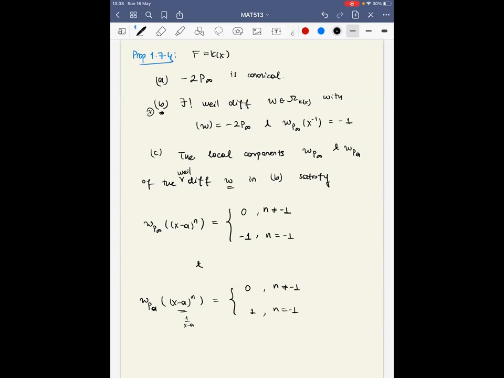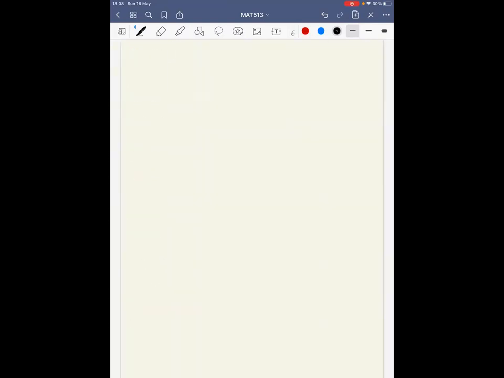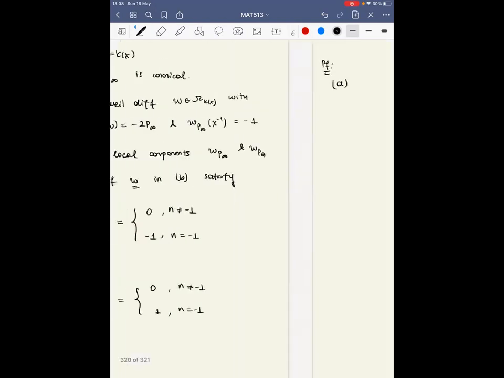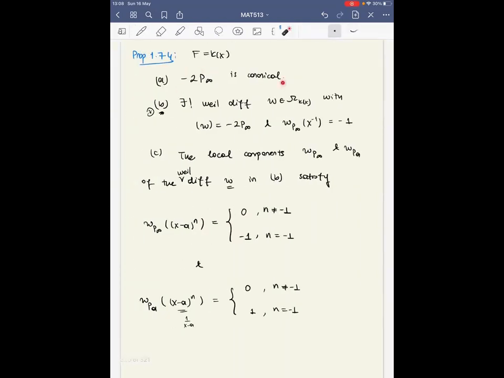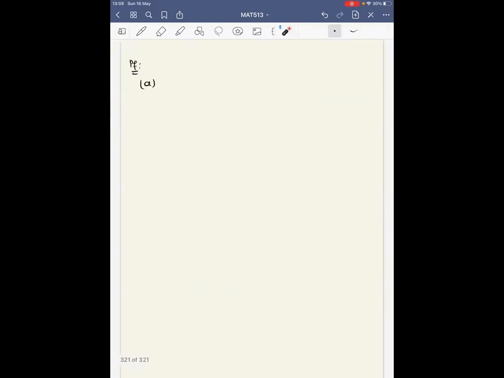And in order to prove this proposition, particularly for part A, by the Riemann-Roch theorem, let me recall that if we have a canonical divisor, we know that its degree is 2g minus 2 and its dimension is g.